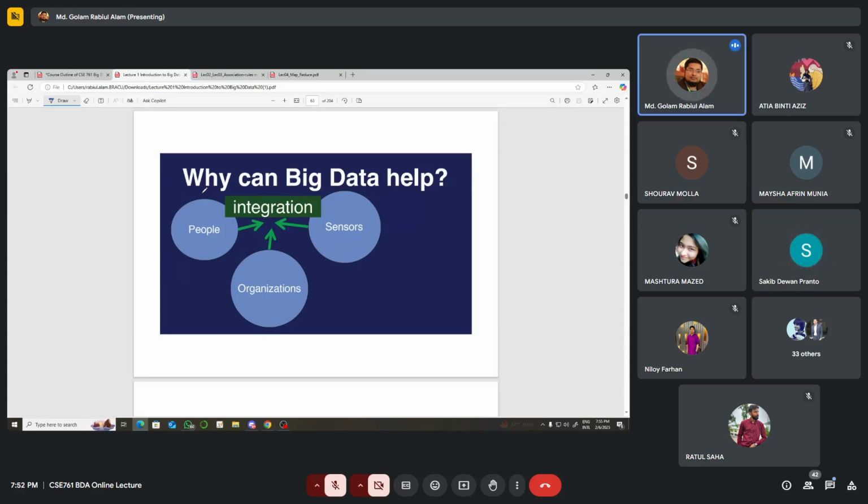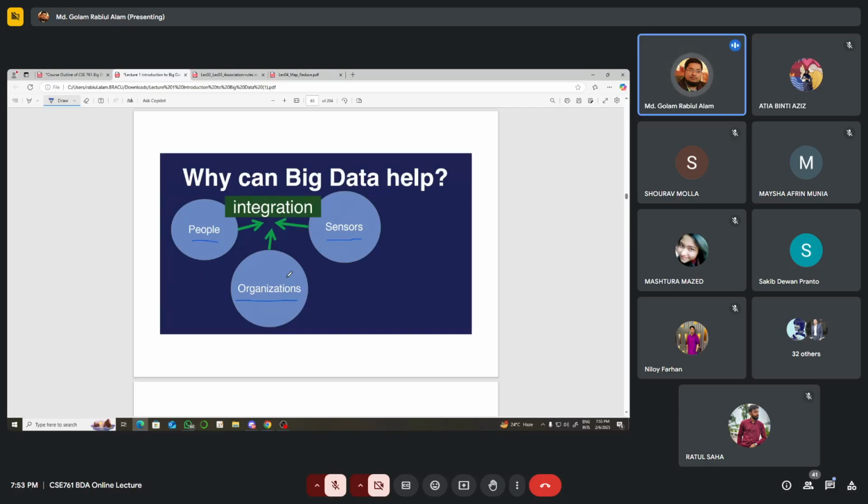Okay, I think then we can continue our lecture. Why can big data help? Specifically, we can get the data from different sources, like sensors, organizations, and people.